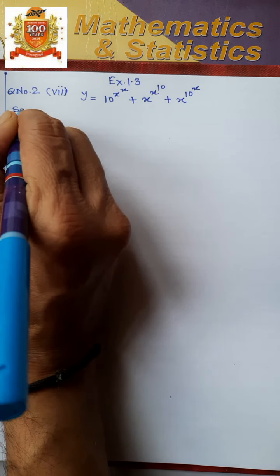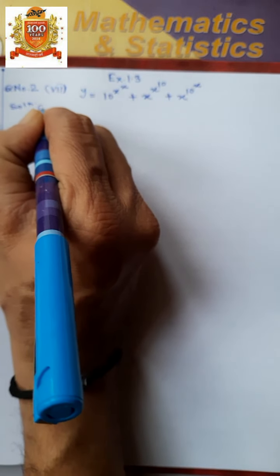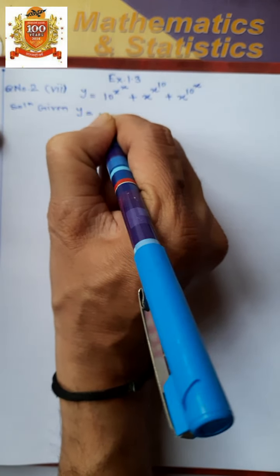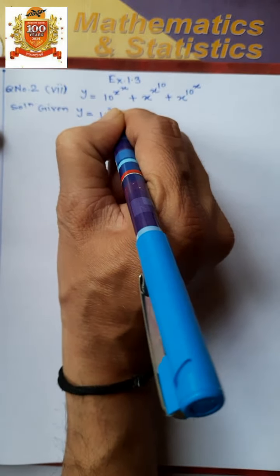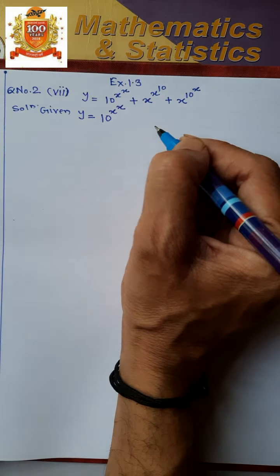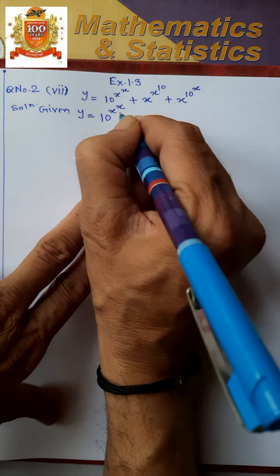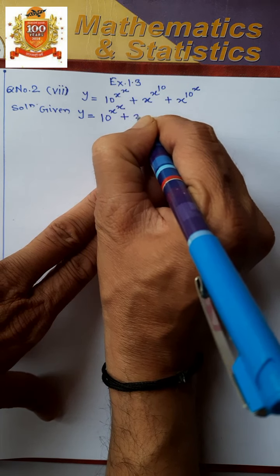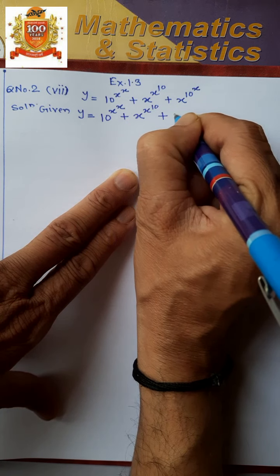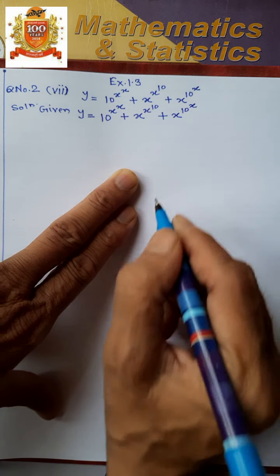Solution. First write down the given sum. Given y is equal to 10 raised to power x raised to power x plus x raised to power x raised to power 10 plus x raised to power 10 raised to power x.